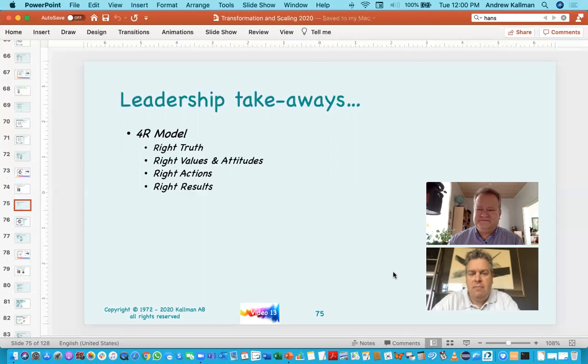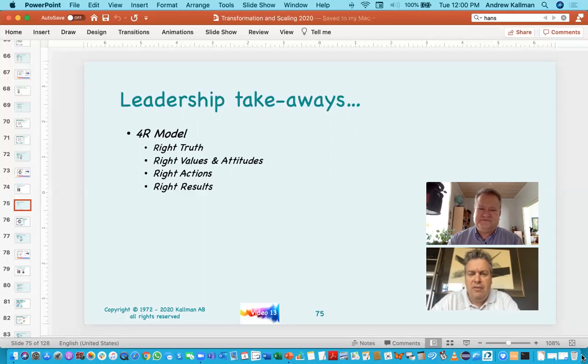Many of the leaders have different ideas of why we're doing this and different contexts of why this is important. And when they have that, we get different kinds of communications in the organization, creating a lot of confusion. So the right truth is really the foundation for doing this kind of transformation.